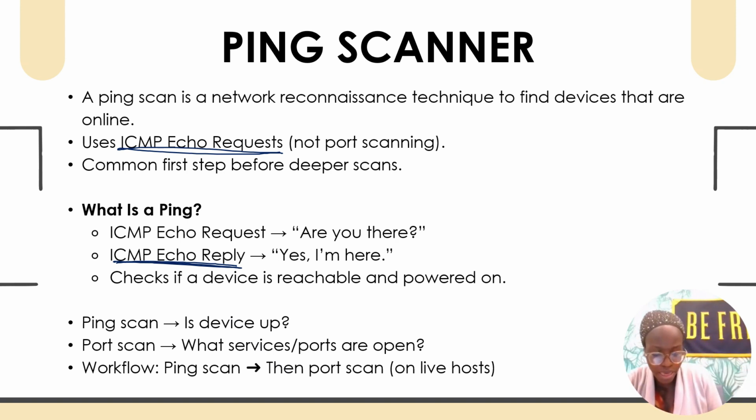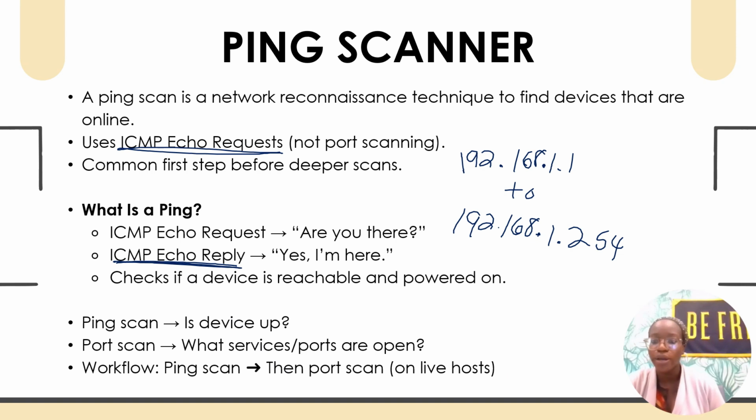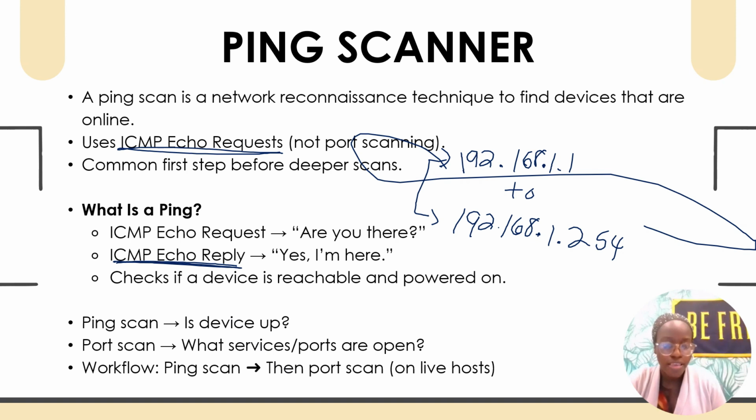So I can maybe say send requests to IP addresses in this range, and it's going to send an ICMP echo request to all of the IP addresses in this range. This process is often called host discovery.